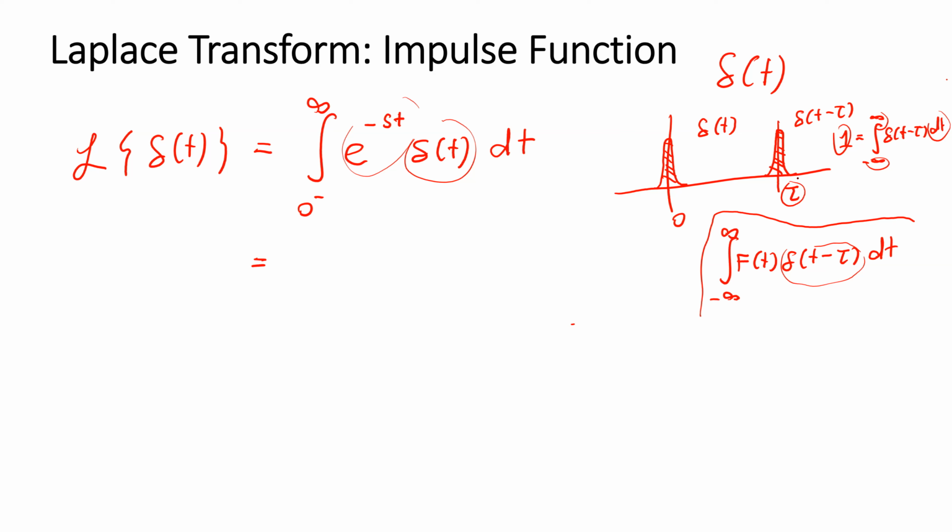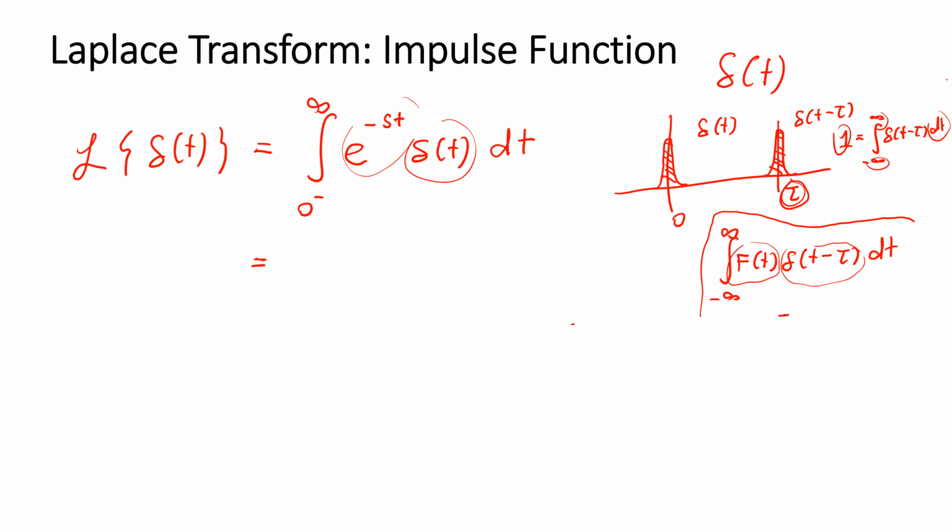Which means if we take the product of the force multiplied by the direct delta, the value of this product is going to be 0 everywhere except at the time point equal to tau.